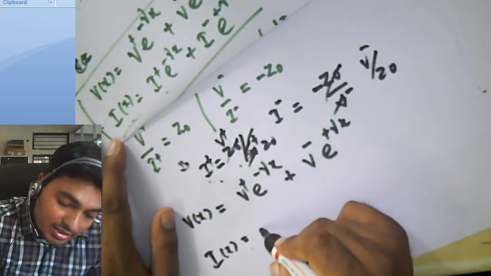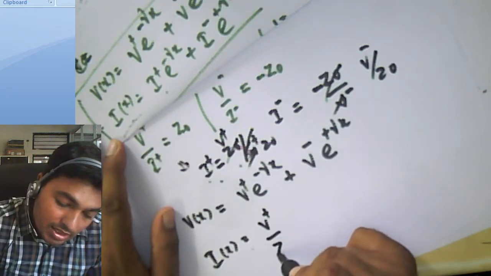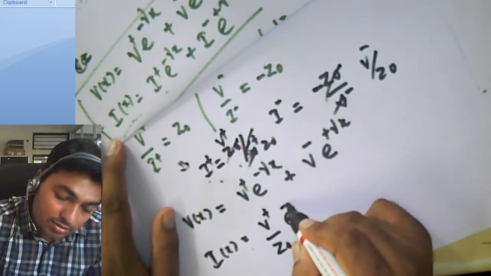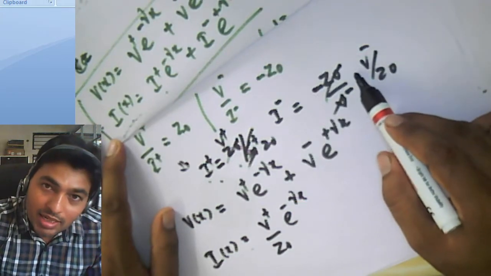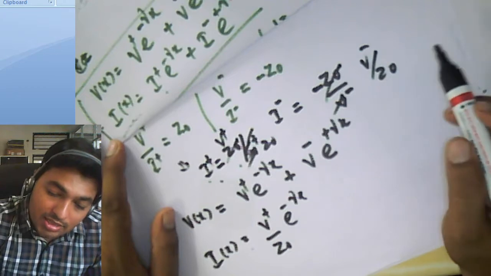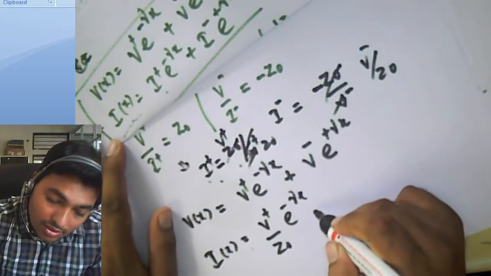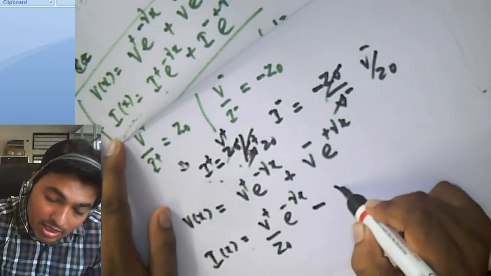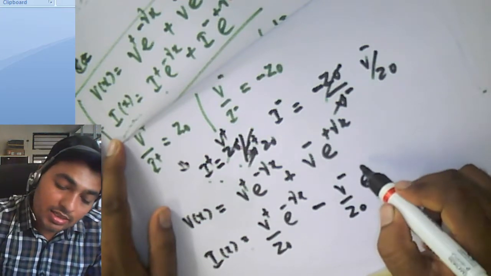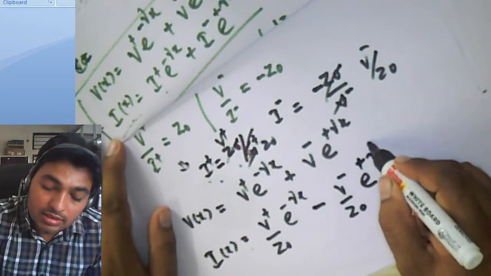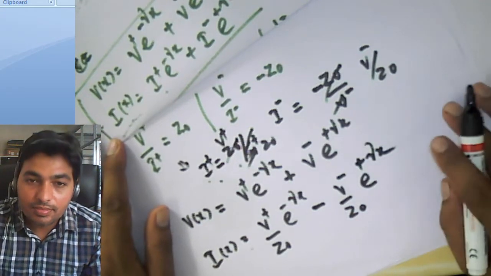So we'll write this as V plus by Z0 e raised to minus gamma x. Now I minus is what? It will be minus V minus by Z0. So we'll have V minus divided by Z0 e raised to plus gamma x.